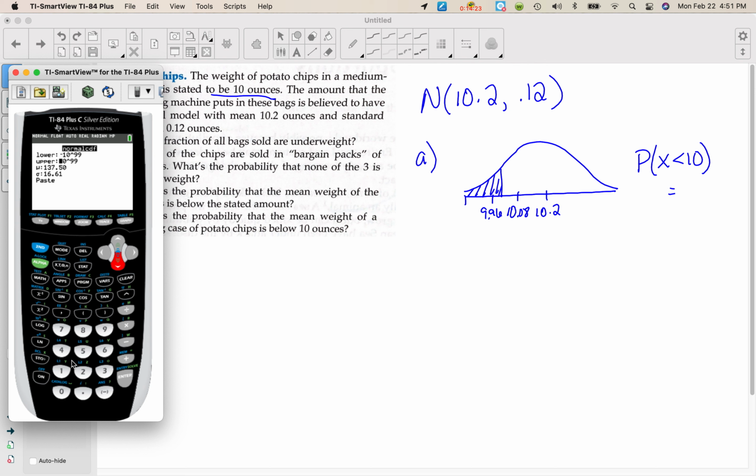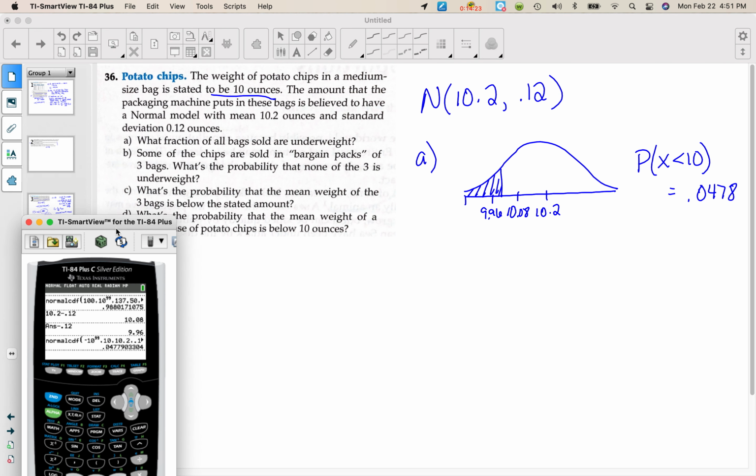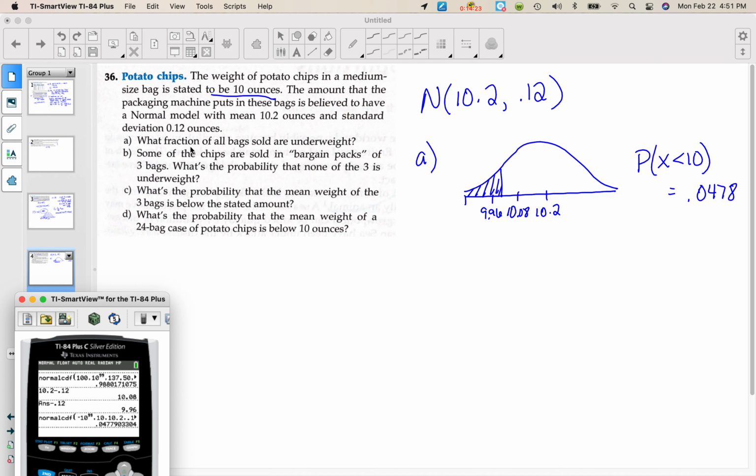My upper bound is 10. My mean is 10.2. My standard deviation is 0.12. And I get for an answer 0.0478. So that would be the probability of having a bag underweight. It doesn't have to be a fraction. It can just be a percentage, or just what part of all the bags sold are underweight.